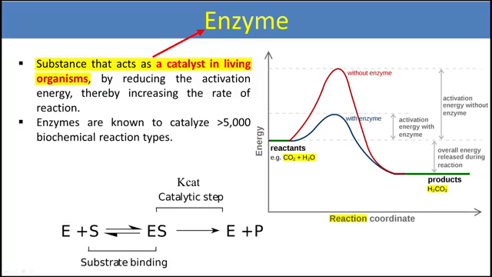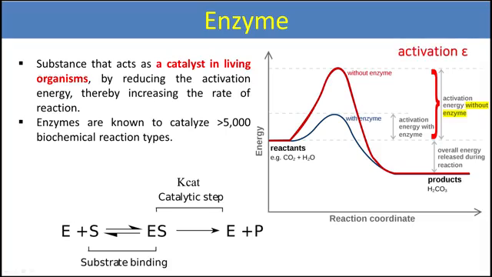The point is, without enzyme, this reactant should go through this high energy status and then relax into product. Without enzyme, this amount of energy change throughout this chemical transformation is called activation energy.